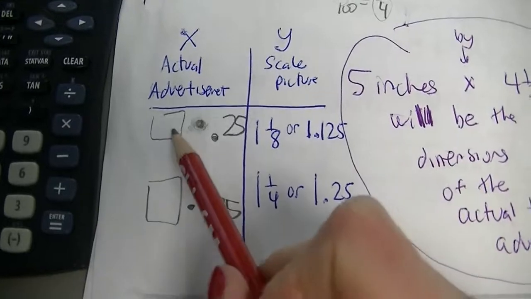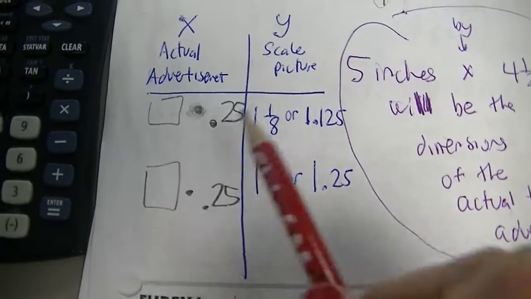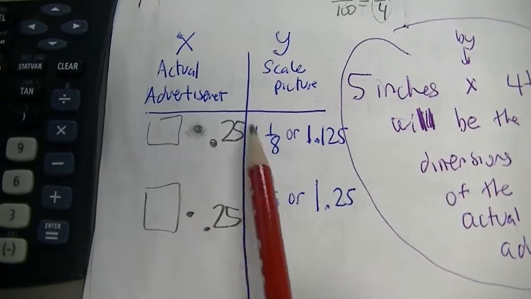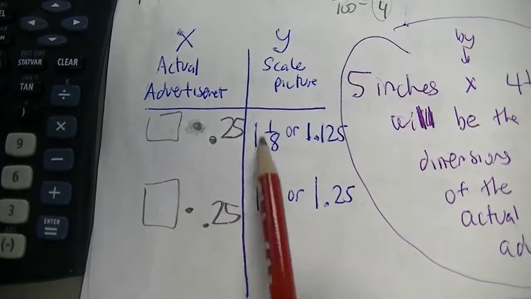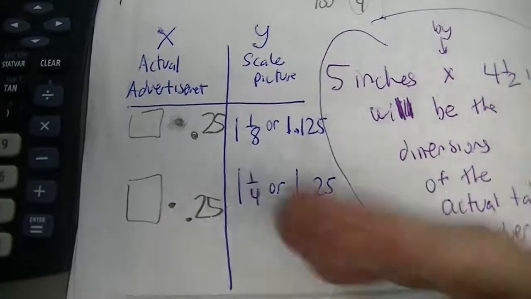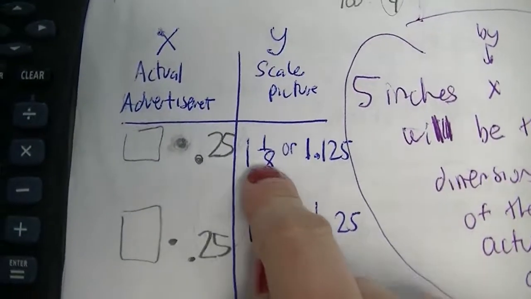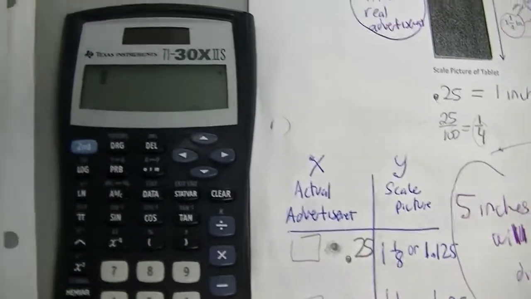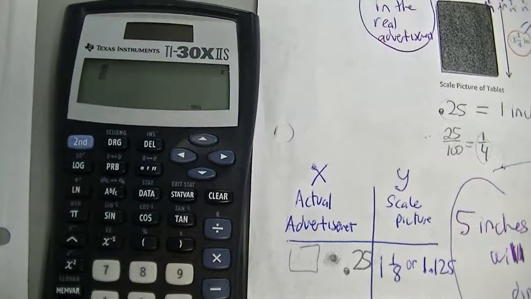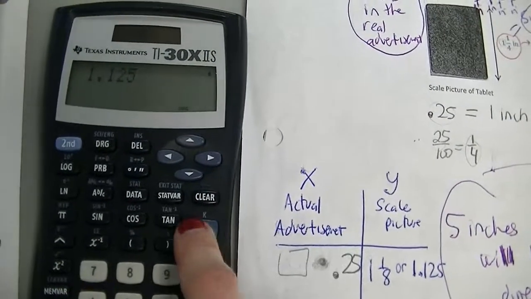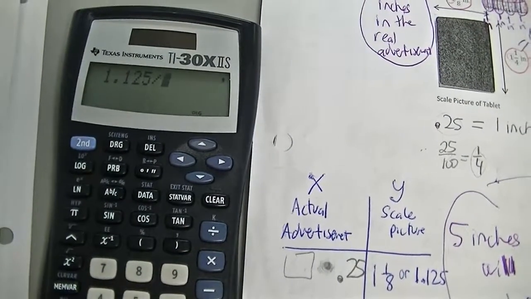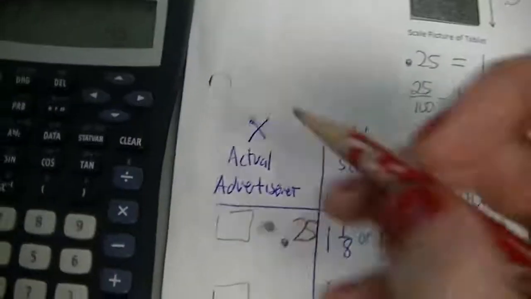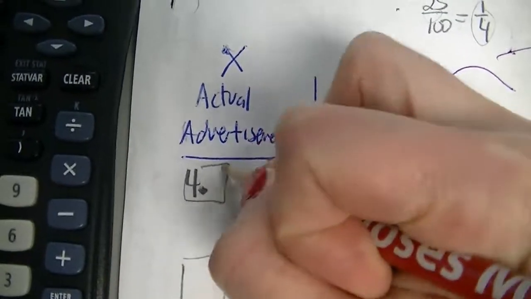Okay, well, we don't have this value right here. So if you recall, to go from, if you have this value and you need this value, you need to divide by that scale factor, divide by that unit rate. So I'm going to type that in my calculator. 1.125 divided by 25/100 equals 4 5/10, okay?